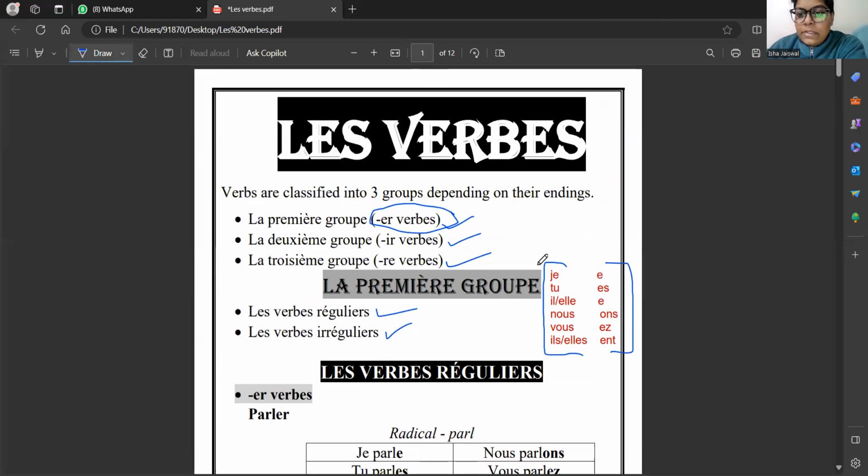So you need to learn this formula, as we have formulas in maths. In the same way this is the formula for the verbs. If you learn this formula, then the verbs are very easy for you. Otherwise, you'll find French very tough. Learn this separately and learn this separately. You'll find it easy.